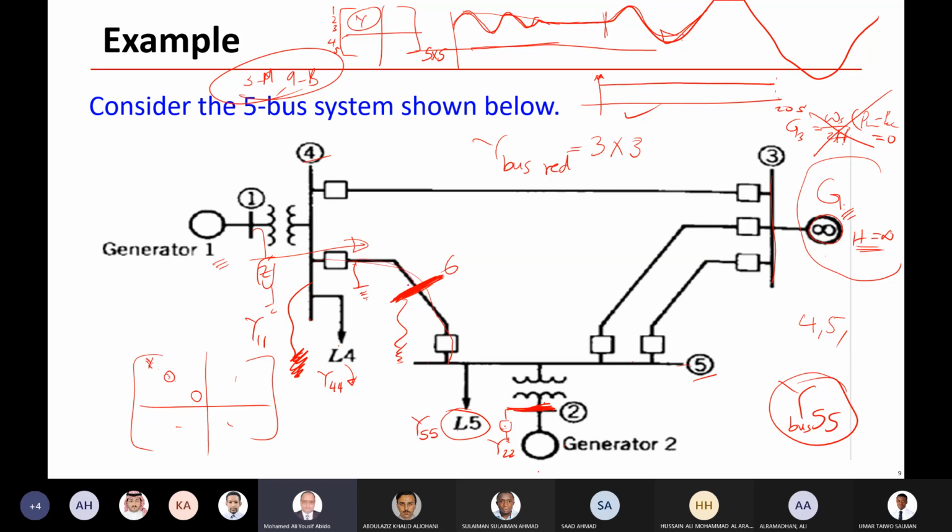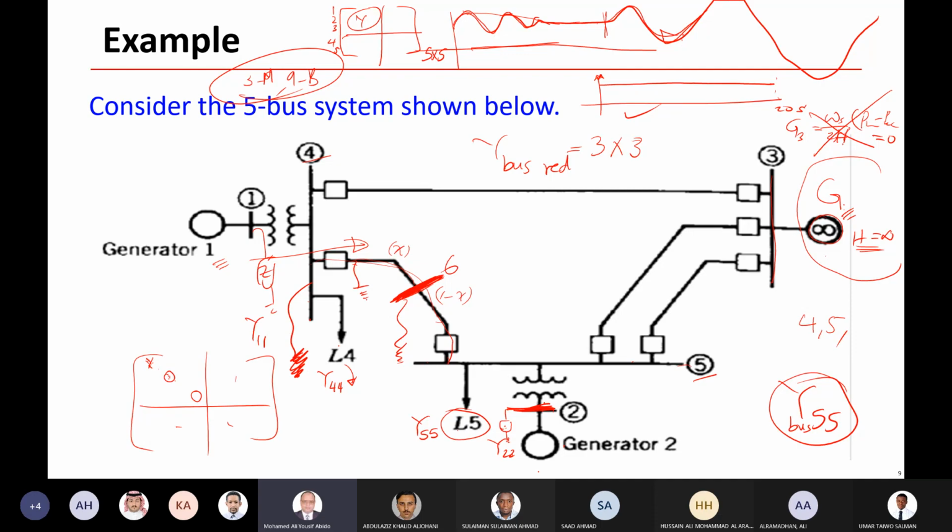You have here the impedance. You can write this is a factor X, and this is 1 minus X of the line impedance. So you can run your stability study with different locations by changing X from 0 to 1.